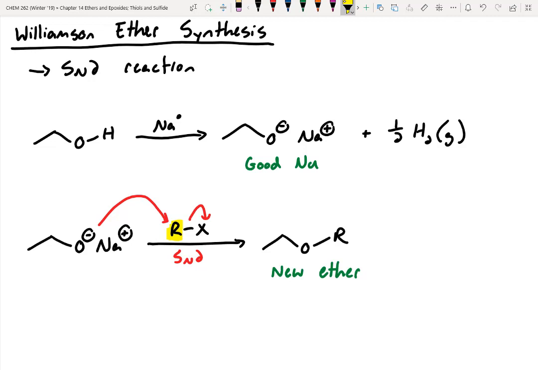What happens if it's secondary or tertiary? It would do a reaction. It just wouldn't do substitution. What sort of reaction would it do if we had a tertiary carbon there? Elimination. We get E2 reactivity, right? So because this is a good nucleophile and good base, we have to watch out for that E2 chemistry, meaning that this R group must be primary or a methyl group.